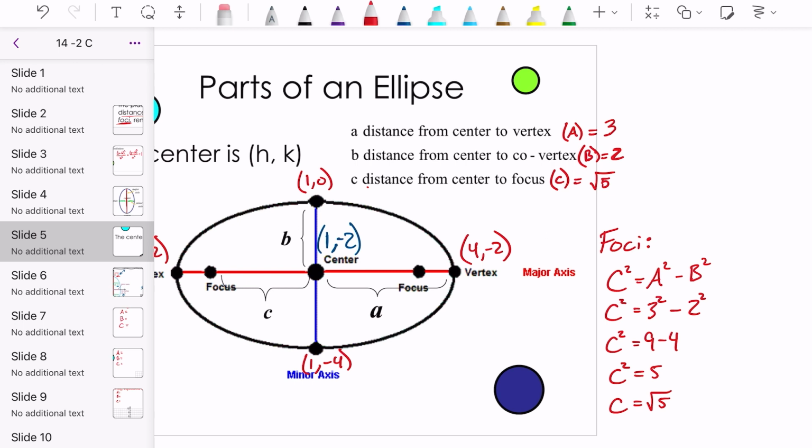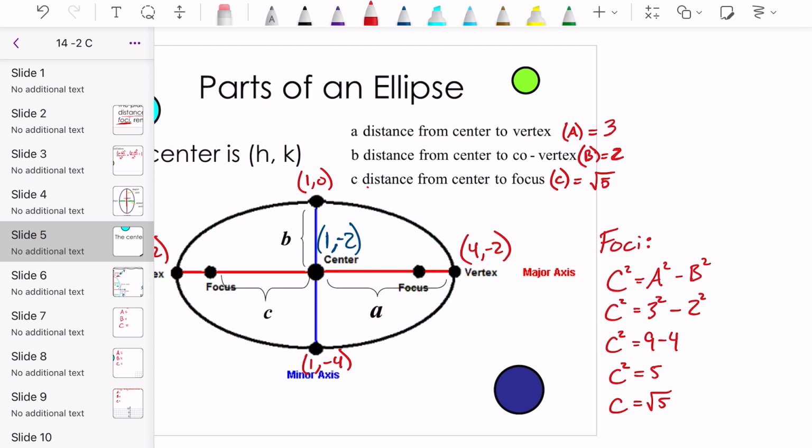Once you have the square root of 5 on both sides, we're going to go ahead and also determine what the point of the focus would be. Now we know that we are starting off at the center, which is 1, and the distance from the center to the focus would be square root of 5.